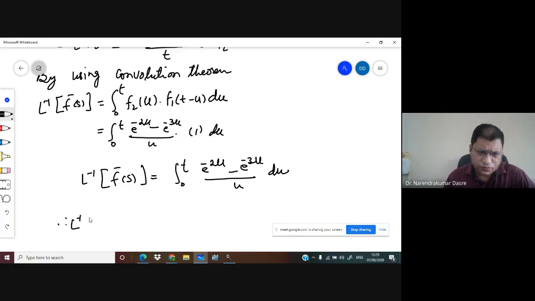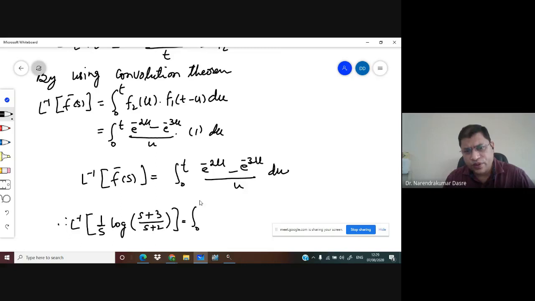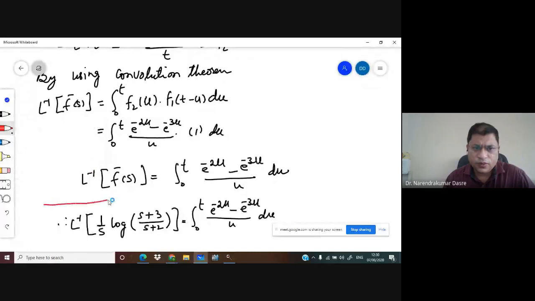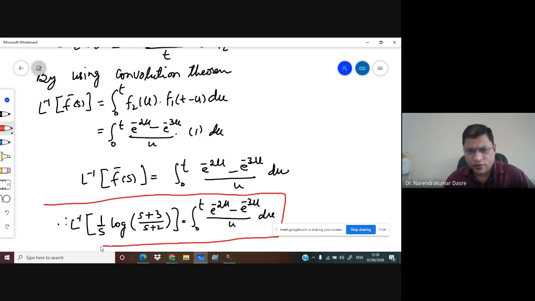So what we proved is that the Laplace inverse of 1 by s times log of (s plus 3) upon (s plus 2) is equal to the integral from 0 to t of (e raised to minus 2u minus e raised to minus 3u) upon u du. This is how we are able to prove the claim using the convolution theorem and the property of derivative.